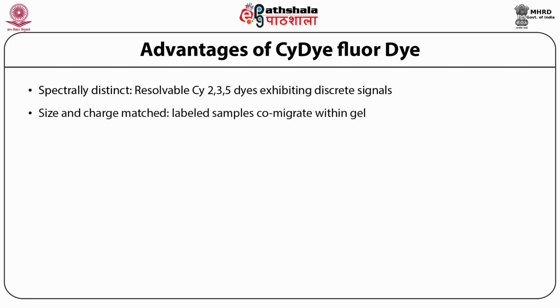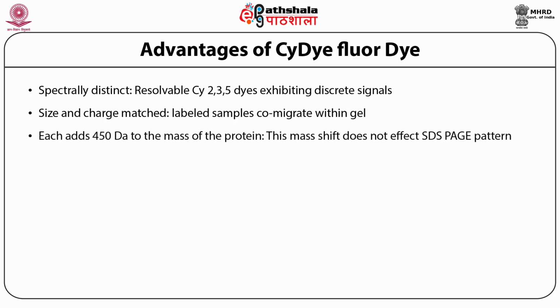They are size and charge matched, and therefore the labeled samples will always co-migrate within the gel. That means to say, proteins coming from the experimental and the control group would be at the same spot. Each dye adds around 450 Dalton to the mass of the protein, which is not much to affect the SDS-PAGE pattern.